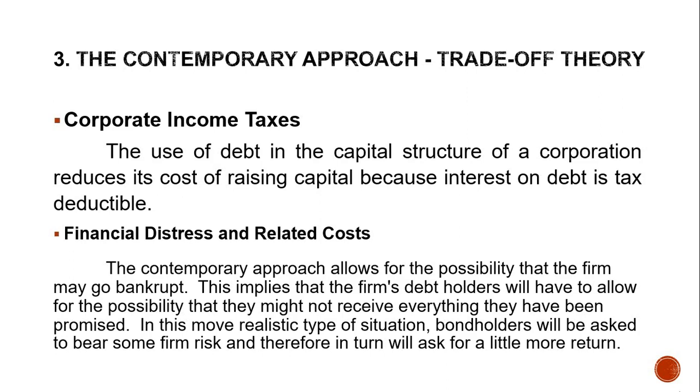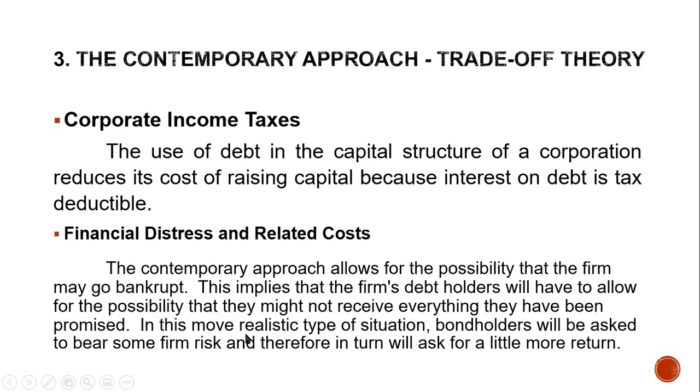So the contemporary approach allows for the possibility that the firm may go bankrupt. Okay, it considers that. This implies that the firm's debt holders will have to allow for the possibility that they might not receive everything that they have been promised.